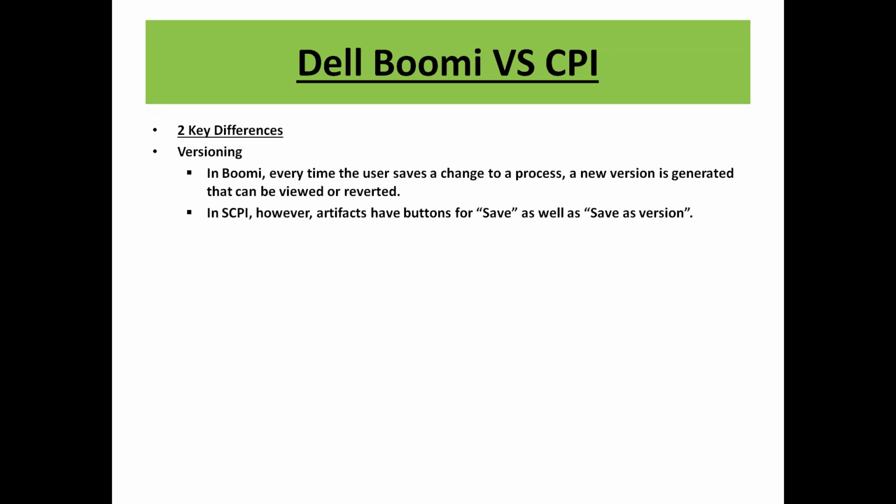So if you want to maintain a separate new version, you need to use the save as version functionality. You have two options, save and save as version. If you want a new version, you need to use save as version manually. In Boomi, it is automatic.